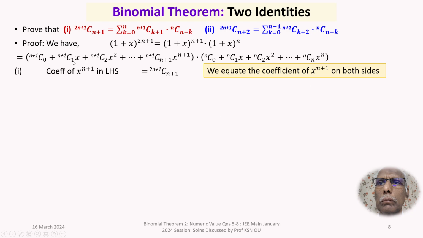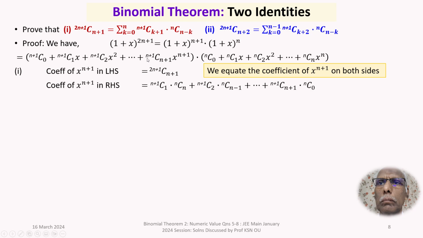So n plus 1 C1 multiplied by nCn, plus n plus 1 C2, which is x square, and the term before this is x to the power of n minus 1, that is nCn minus 1. So if you multiply, you will get n plus 1 C2 into nCn minus 1. And it goes on like that.